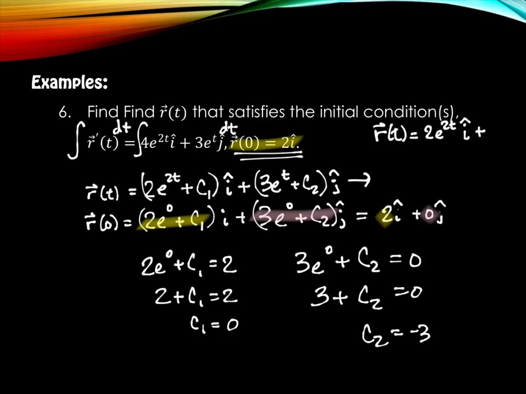And then plus 3e to the t minus 3, j. Make sense? Okay.